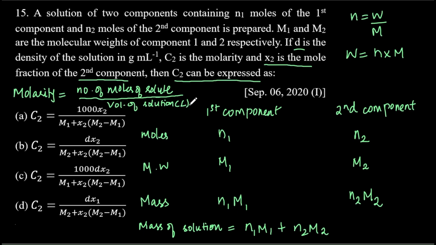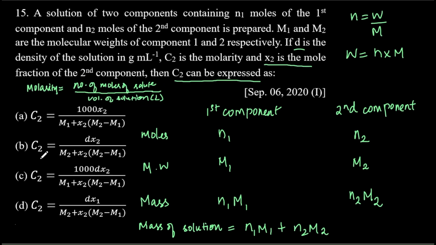So the number of moles of solute refers to the number of moles of the second component. Now they are telling that C2 can be expressed as. If you see the options, molarity is expressed in terms of mole fraction and molecular weight in the first option. In the second option, density is also given. So from the options, it is clear that the number of moles is not given in the options at all.